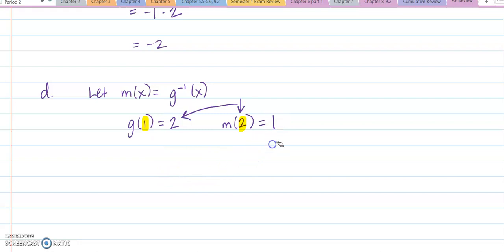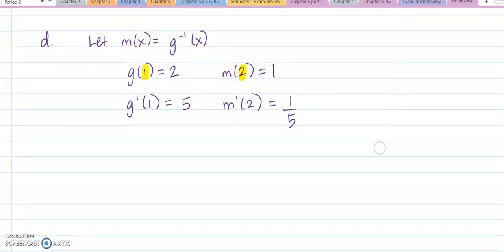So that's an important relationship to remember. The table gives us information about g prime. So g prime of 1 is equal to 5. And one of the things that we studied is that this derivative should be the reciprocal. You should be able to multiply these values together and get 1.